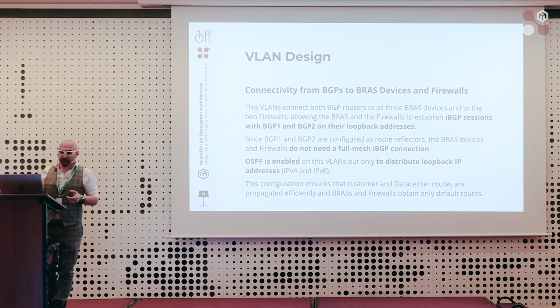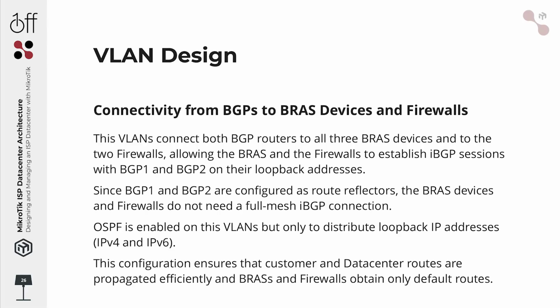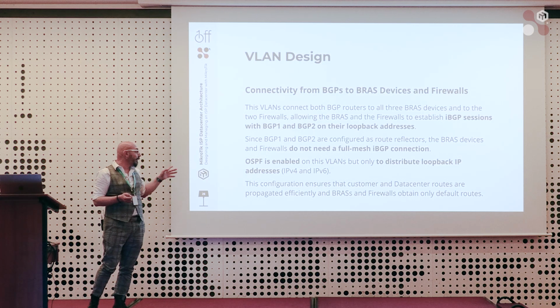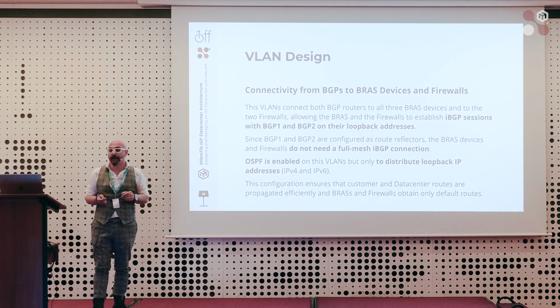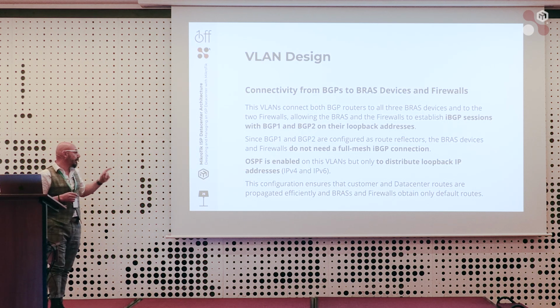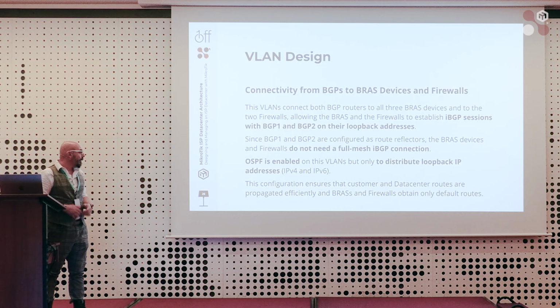Then we need the VLANs from the BGP routers to the other devices, access concentrators and firewalls, and we do not want to establish a full mesh IBGP connection, so we use these two BGP routers as route reflectors, and I usually use OSPF only for the distribution of the loopback IPs of the devices. Then I use BGP to share the default route to all these devices and to obtain all the prefixes I need to share and distribute all over the network.